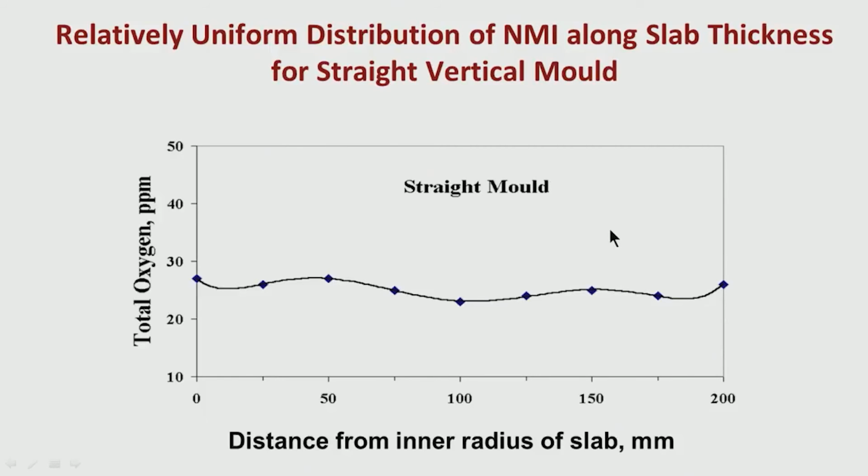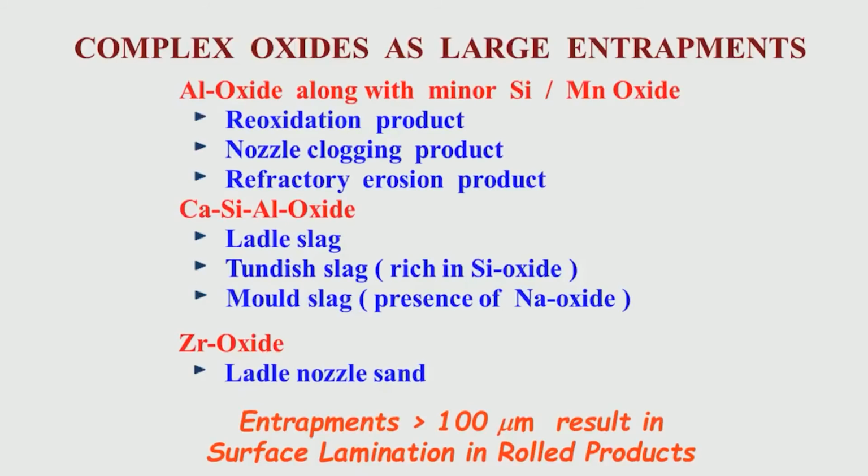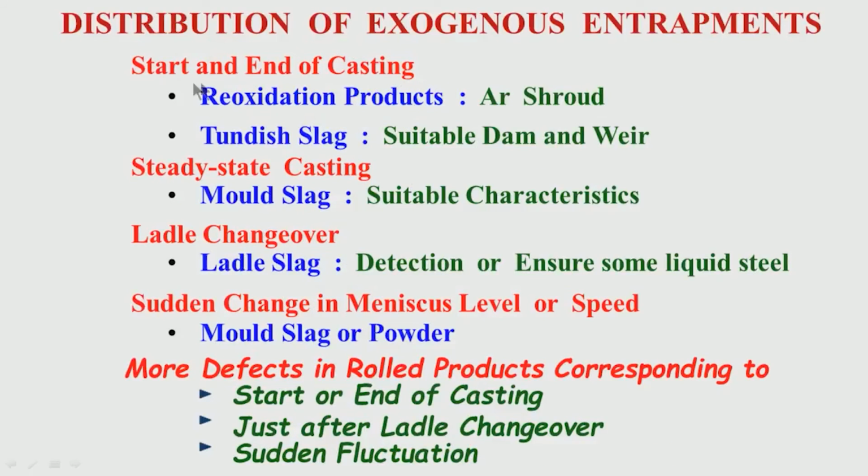So, I have tried to mention the possibilities of entrapment distribution, not only along the length of the casting, but also along the thickness of the casting. With respect to the length of the casting, the distribution is because at the start or end of the casting, when there is a non-steady state, there is a possibility of getting more entrapments.